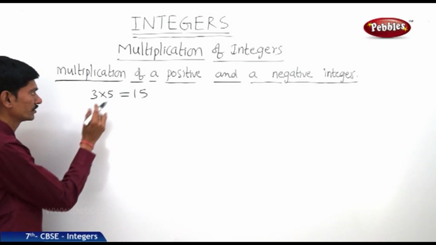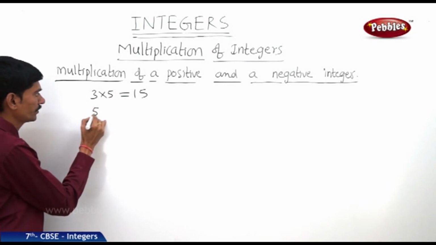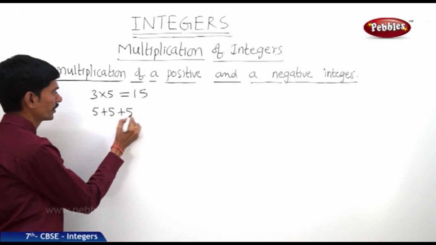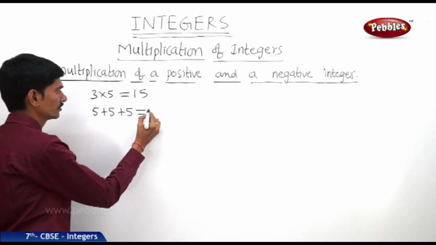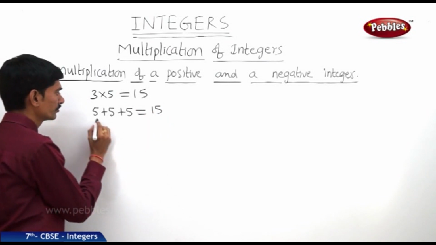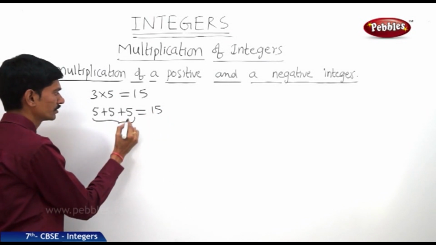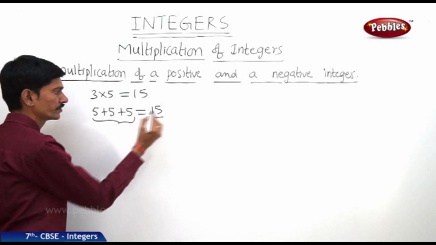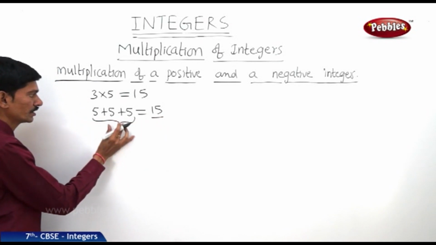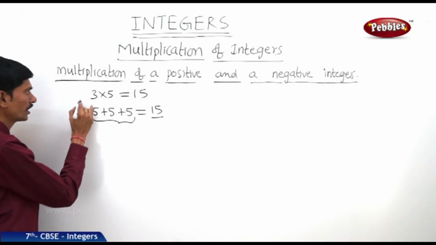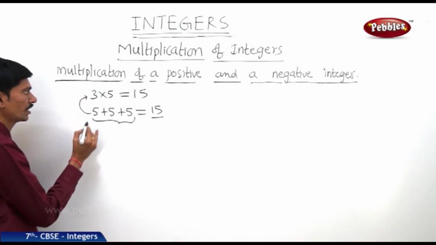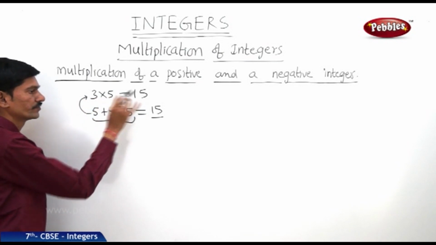So 3 5s, 5 plus 5 plus 5 is the same as 15. So when 3 5s are added, we get the sum 15. So this addition can be written as multiplication: 3 5s are 15.